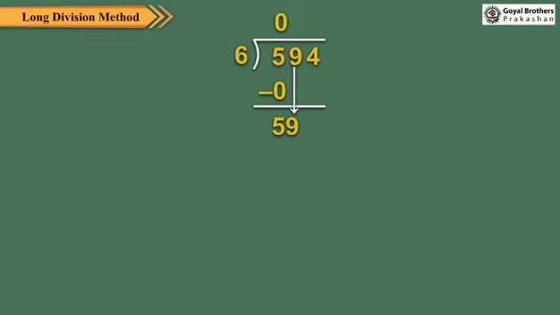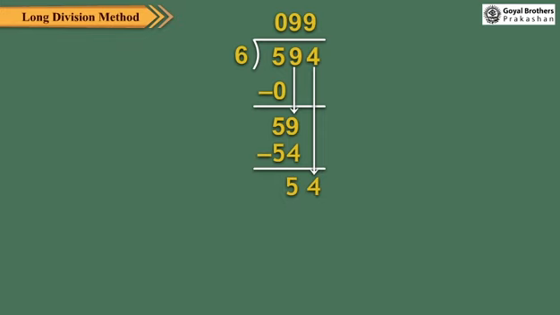6 into 9 is equal to 54. So write 9 in the tens place of the quotient and 54 below 59. Subtract 54 from 59. Bring down 4 and divide 54 by 6. 6 into 9 is equal to 54.